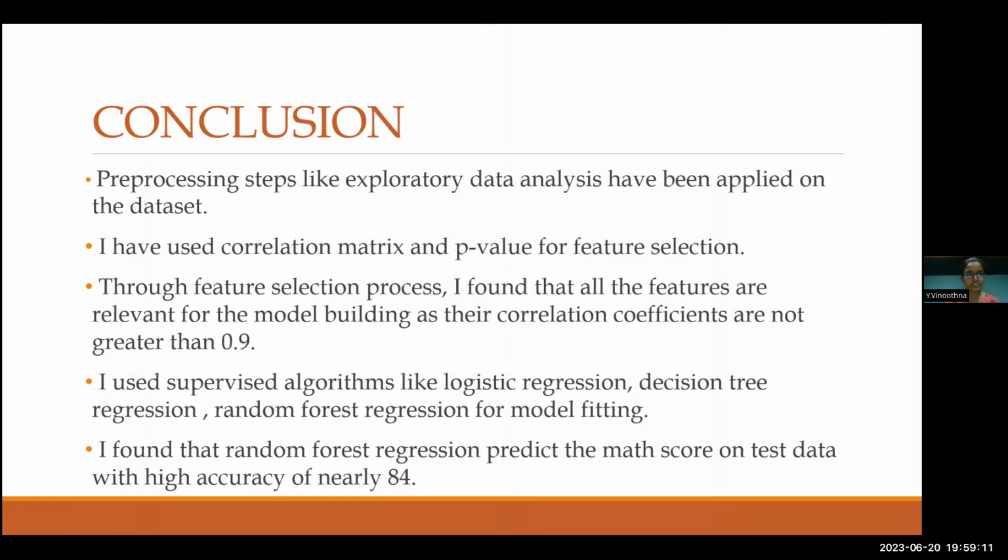Through this feature selection process, I have found that all the features are appropriate and relevant for model building, because no feature has a correlation coefficient value greater than 0.9 or a p-value greater than 0.05. And I have used the supervised algorithms logistic regression, decision tree, and random forest for model fitting. I have found that random forest regression predicts the math score more accurately than the other regression models, with an accuracy of 84%.